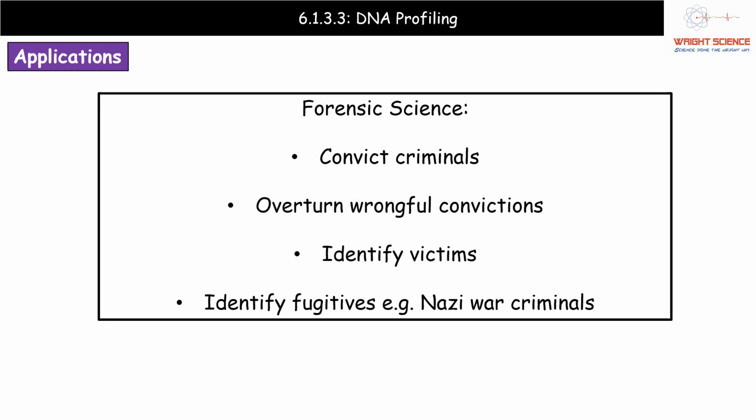People go to quite extreme lengths to hide who they are when they know they've done some rather horrific things. And one of the best examples of these are some Nazi war criminals. Obviously, post-World War II, a number of people involved in all the atrocities in the concentration camps made a dash for it and then have been living life in hiding. If we think we've identified one of them living somewhere in the world, we can use DNA evidence to then prove that they are actually that Nazi officer.